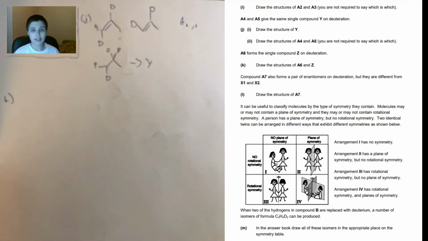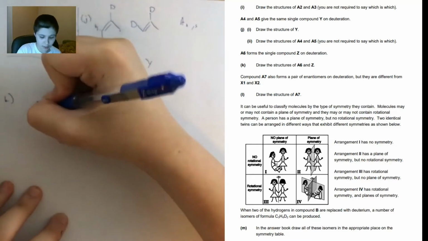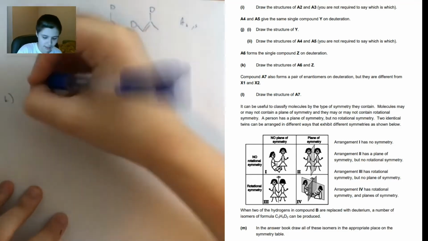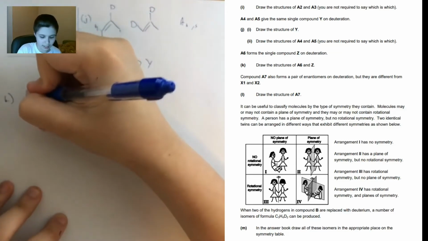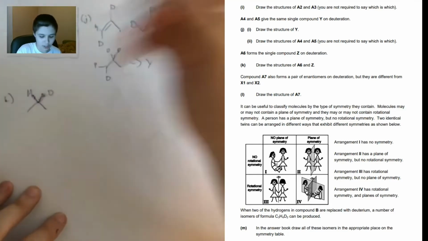We've looked at the cases where a single compound produces two different products, and that's usually from experience that we've had in part I, in the case where one of the hydrogens here is a hydrogen and one of them is deuterium, in which case there's going to be optical isomerism.